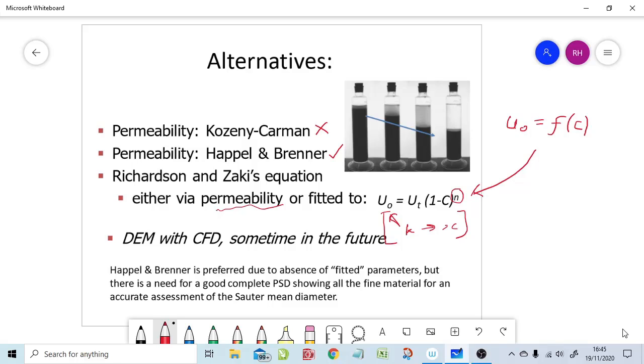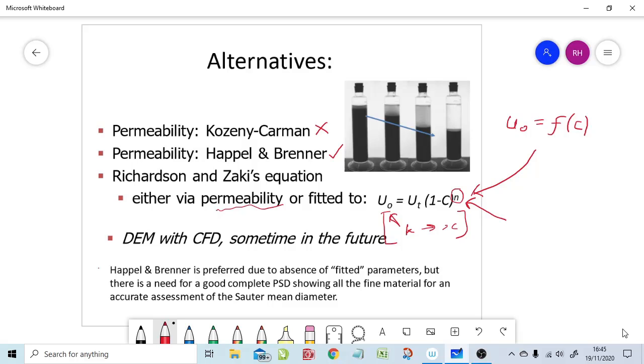So there are two approaches to the Richardson and Zaki way. However, you're stuck with that fitted parameter, and the only way of getting that realistically is to do some tests, and for the simulation on the website we can't rely on those tests having been done.